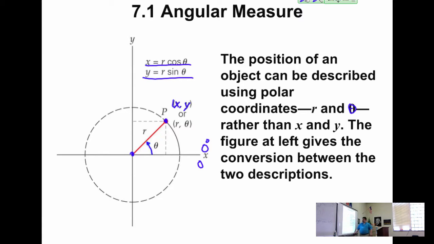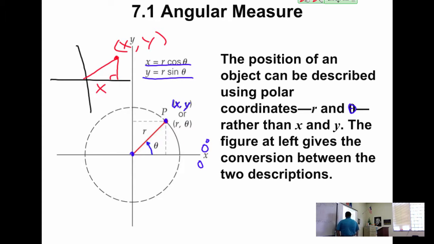Where that comes from is our trig functions, right? So I have this xy plane. I draw a right triangle. This is the point P, which is normally x comma y. But the x is really this distance, isn't it? How far we move over horizontally. And the y is this distance, isn't it?